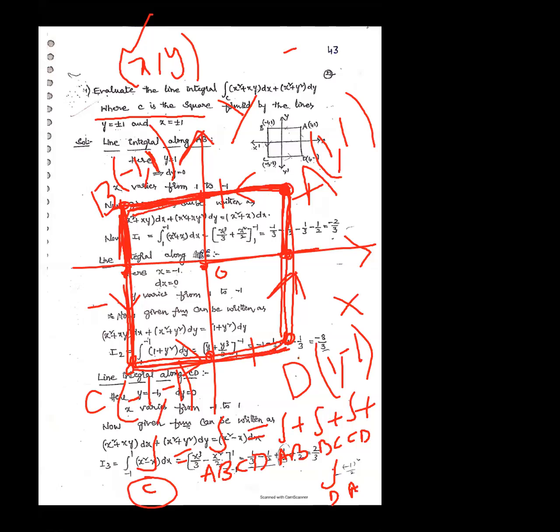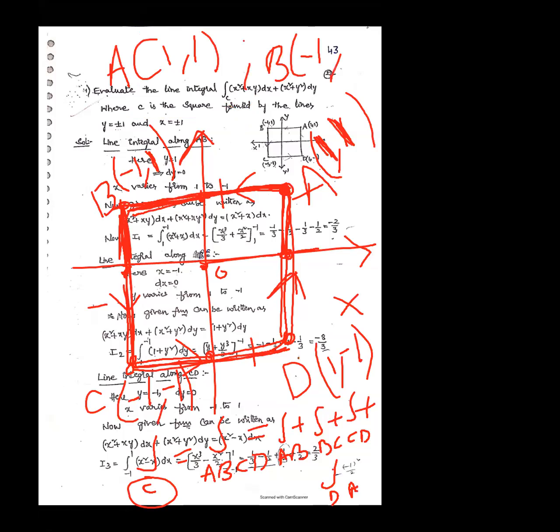Adding the four line integral results, we get the required result. And again observe that first we take the line integral AB. Here the point A from the diagram is (1, 1) and the point B from the diagram is (minus 1, 1).